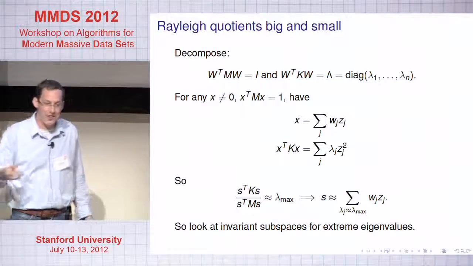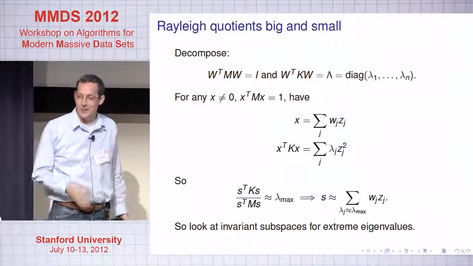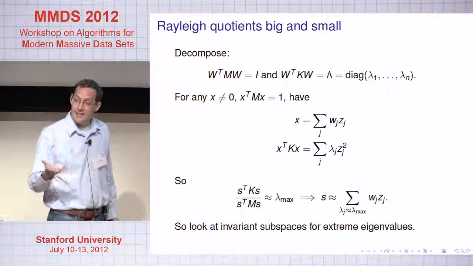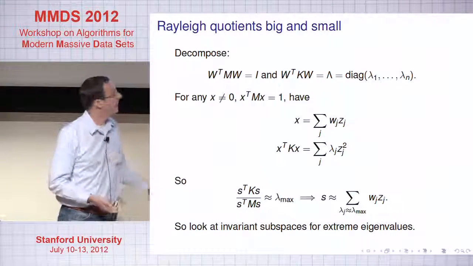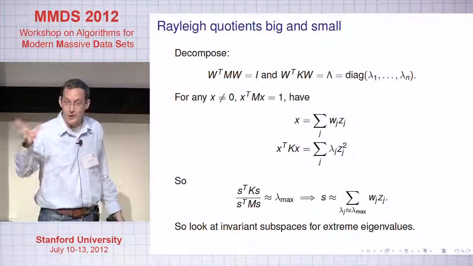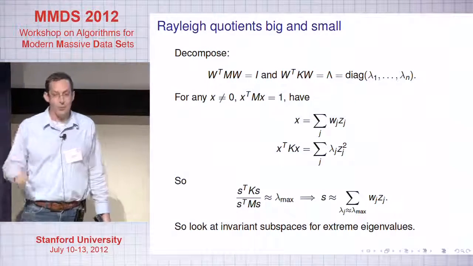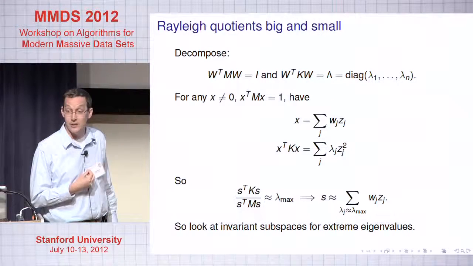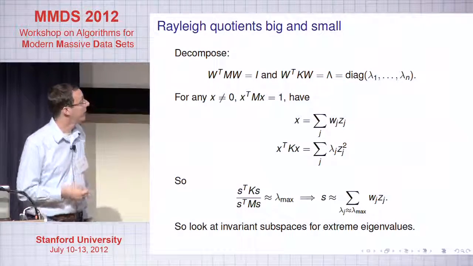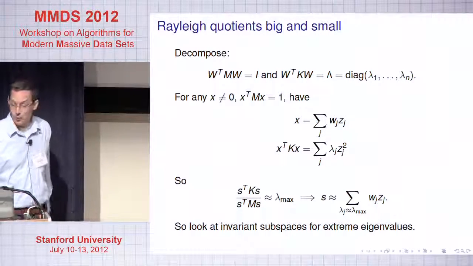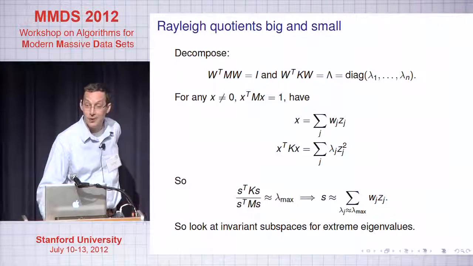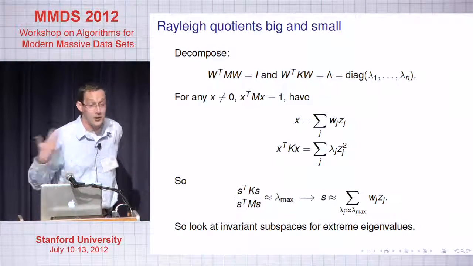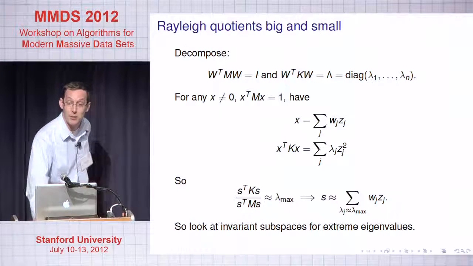So if the weighted average is close to some extreme value that's a bound on what it could possibly be, then you know that in the space of eigenvectors associated with the eigenvalues close to that bound, you have to have some reasonably good approximation for the indicator vector for the set that you're interested in. And so this is one justification for looking at invariant subspaces associated with extreme eigenvalues in order to try to find interesting subgraphs.